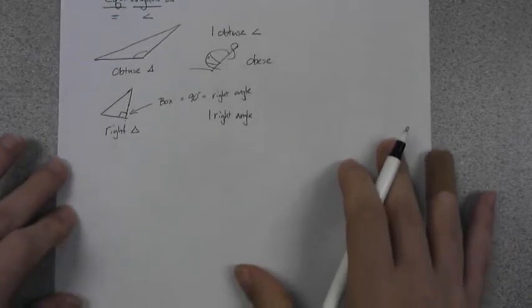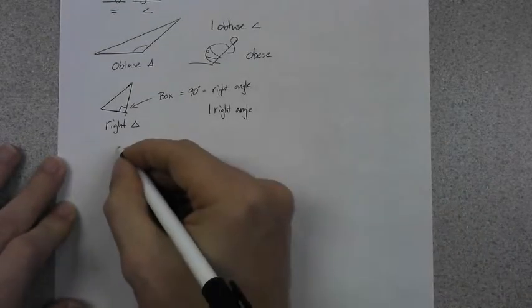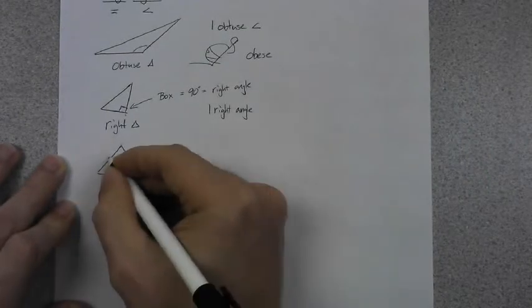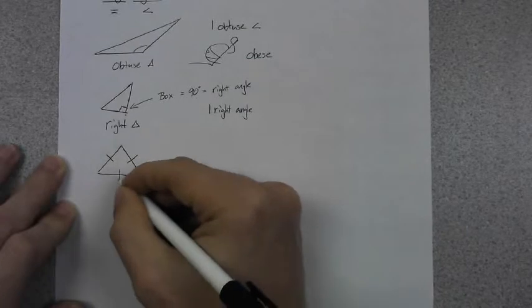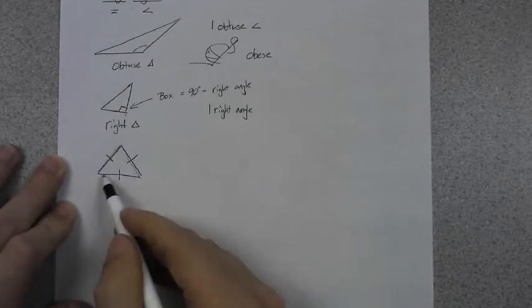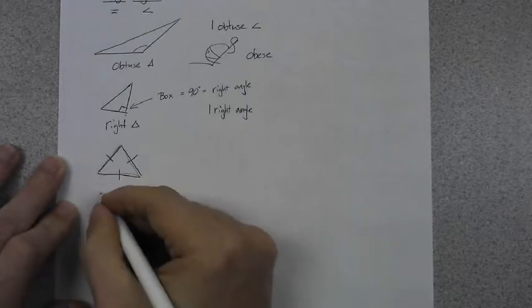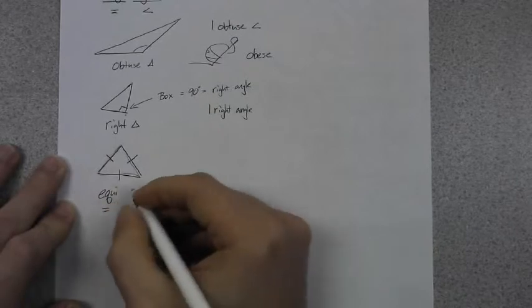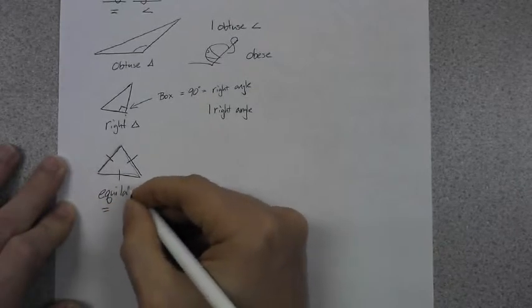So the next forms of classification that we have, we've got these little marks that mean things are congruent again. This side length is congruent to this side length, is congruent to this side length. So this time, equi, meaning equal, again, but this time equilateral.